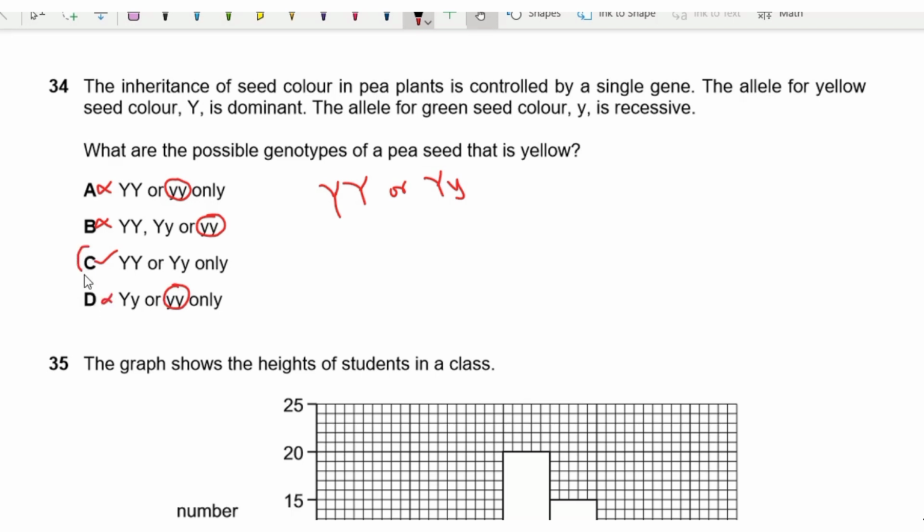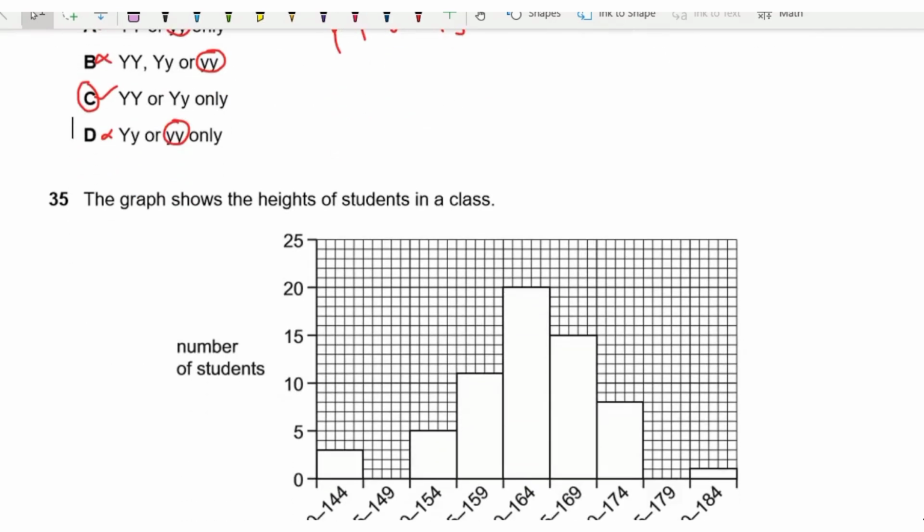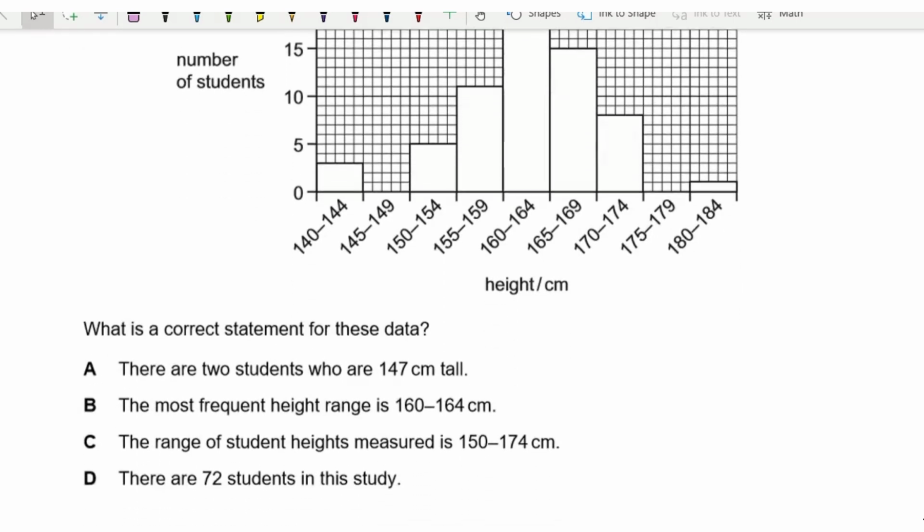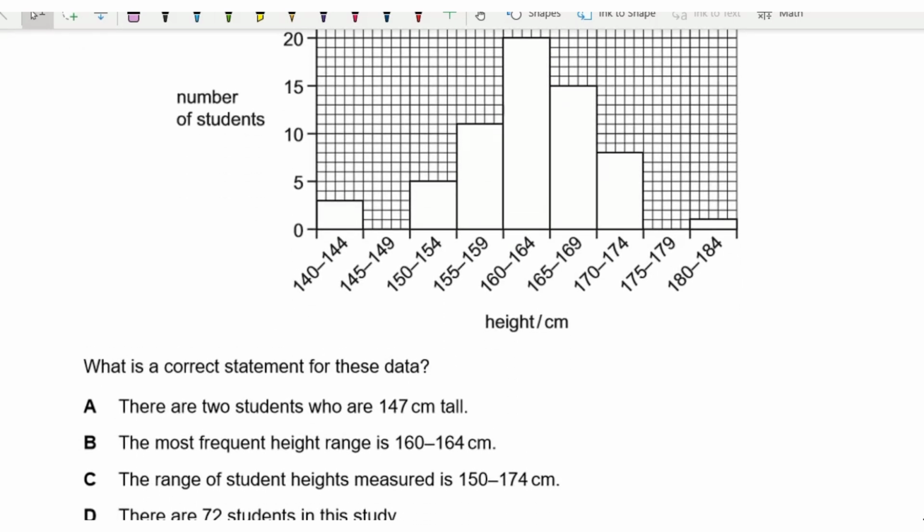Okay, so the only correct option here is option C, that will produce a yellow seed. Then we'll now move to question 35. The diagram shows the heights of students in a class. What is the correct statement for this data? Option A says there are two students who are 147 centimeters tall.